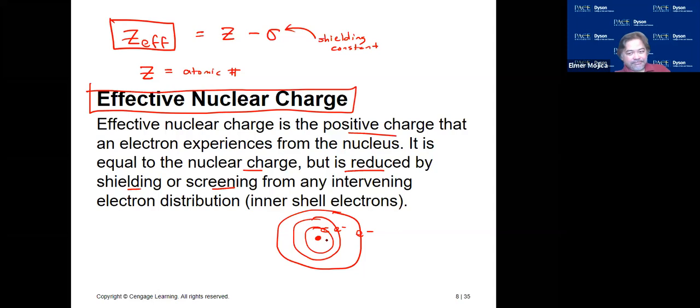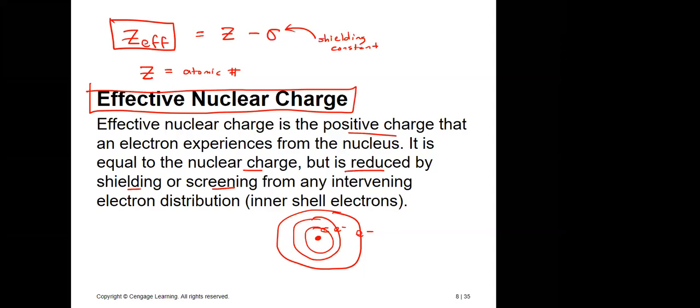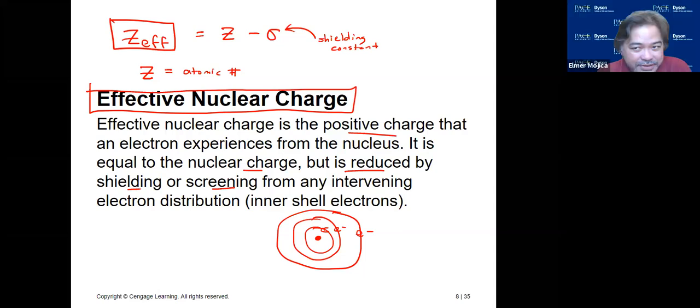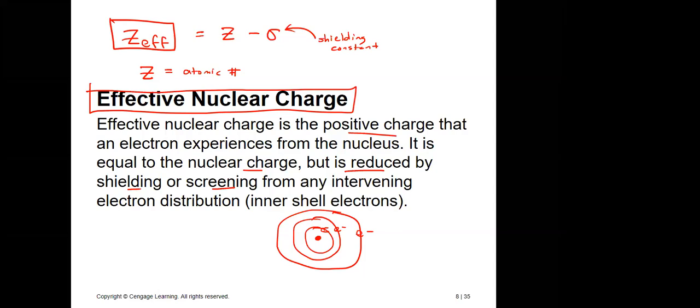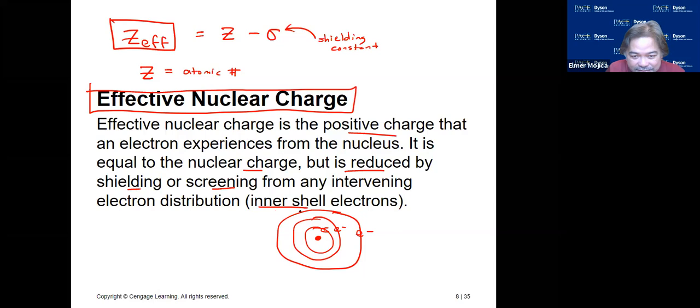Anyone? It avoids it. Is it easier for it to interact or harder? Harder. Harder, because what happened? Your inner electrons will shield the outermost electron from the nucleus. So that's what the shielding constant means.